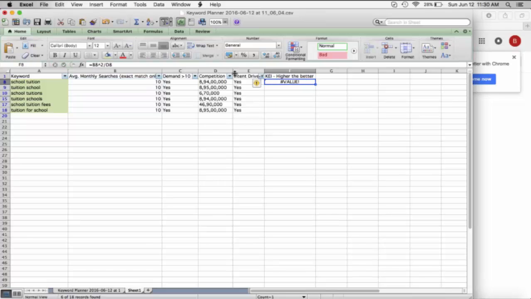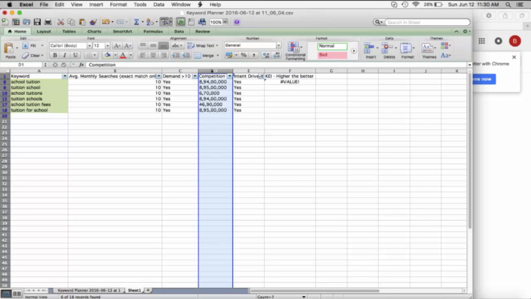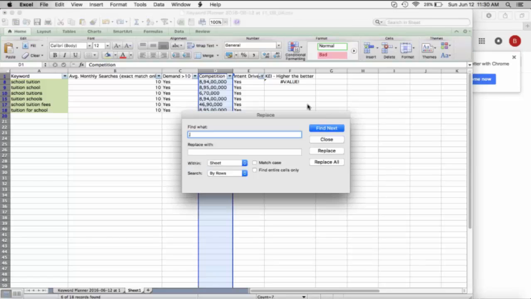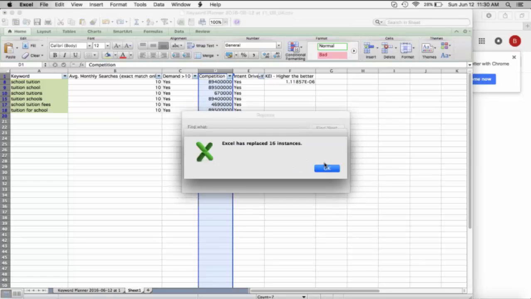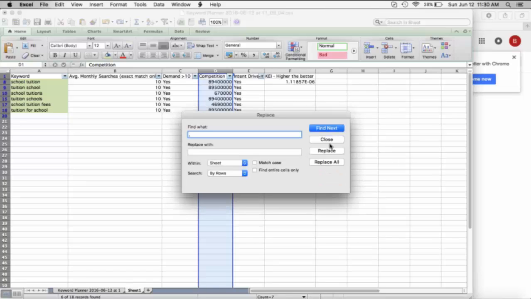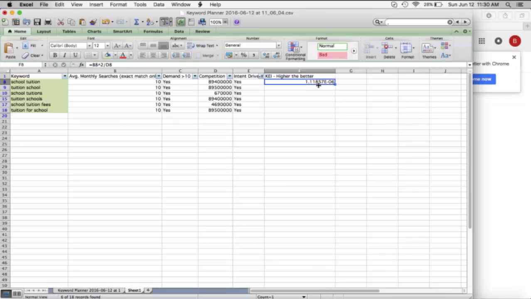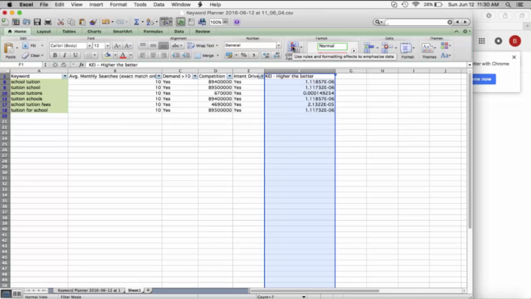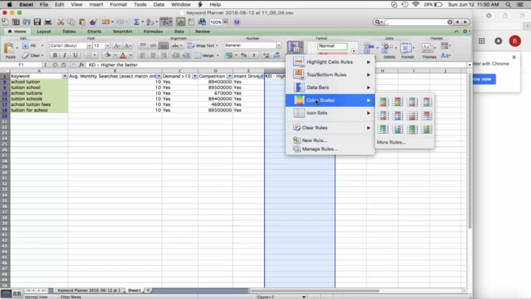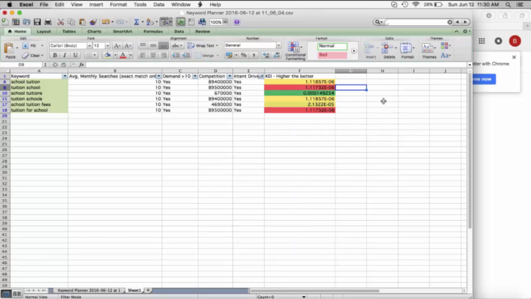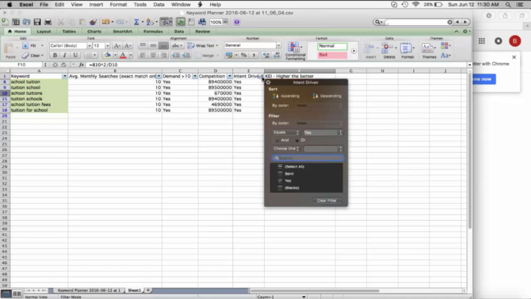All right, so it is not giving values because of this. Oops, what just happened? All right, so I'm finding all these commas and then replacing them with nothing. So here we go. All right, so let us do a conditional formatting here. Okay, so here all these keywords have higher demand.